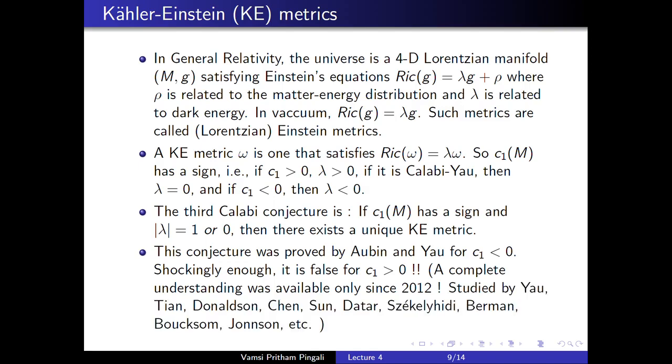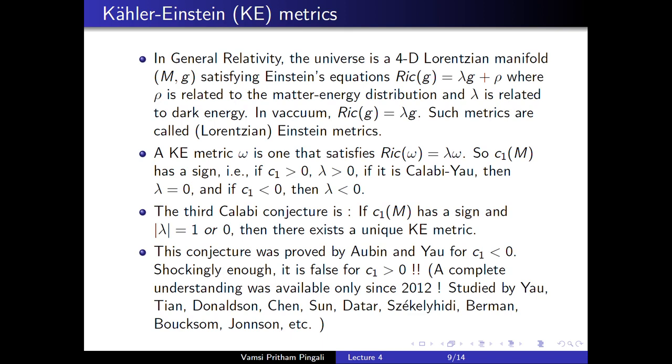So this conjecture that K-stability, whatever that means, is equivalent to the existence of a Kahler-Einstein metric on Fano manifolds is called the Yau-Tian-Donaldson conjecture. And this complete understanding was provided by lots of people.